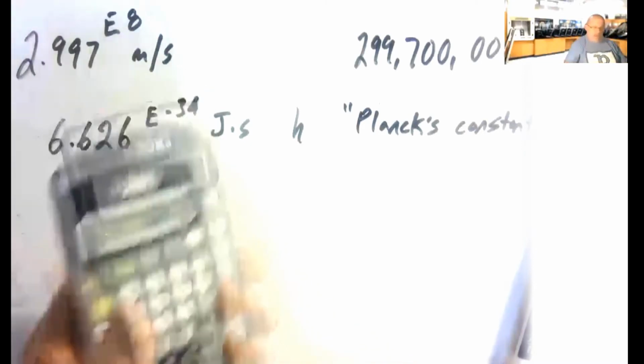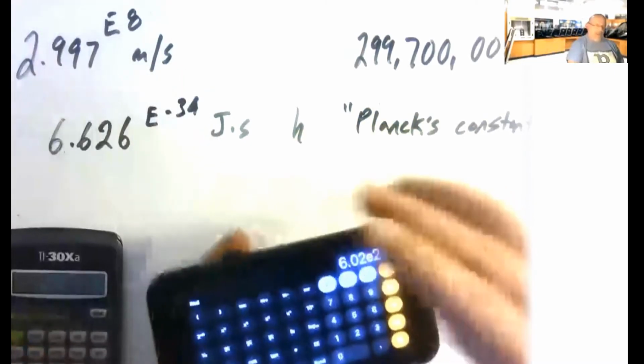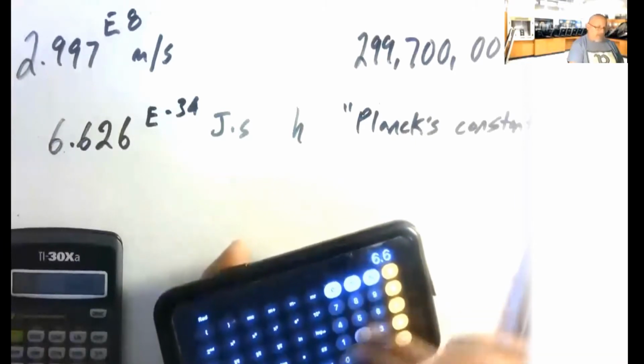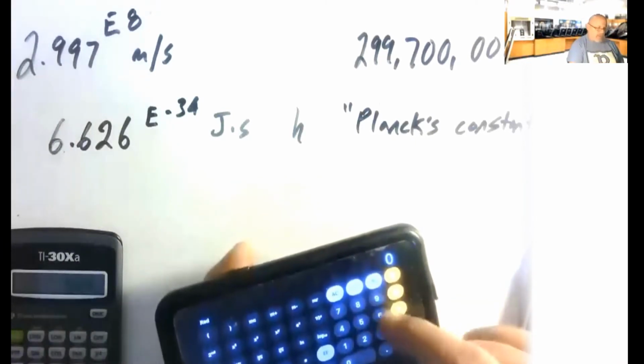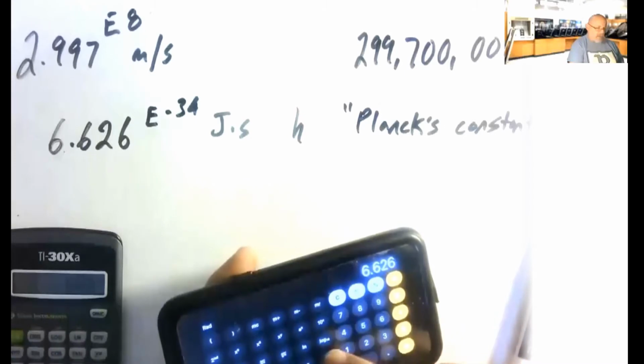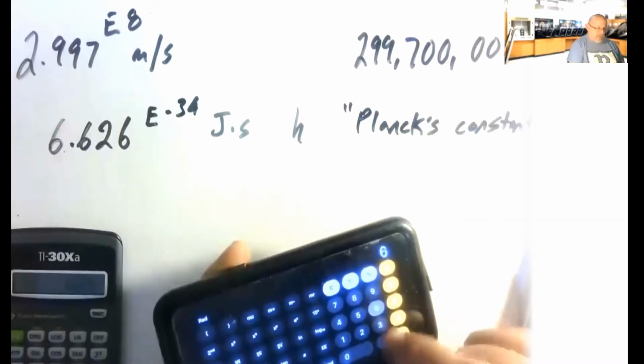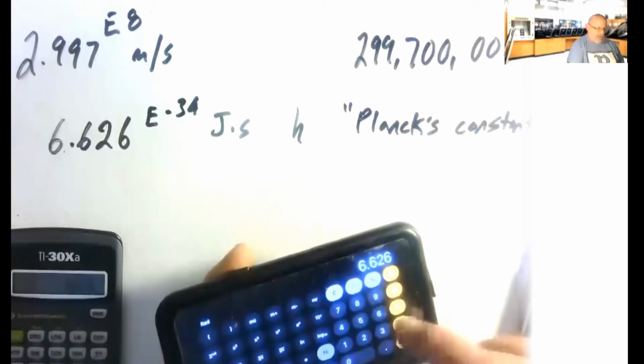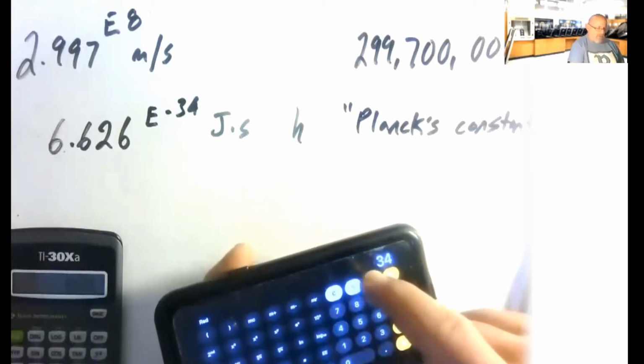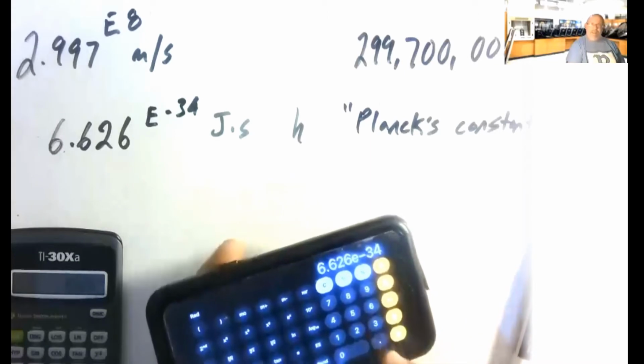And now that number is in there. Let's do the same thing with our calculator app. 6.626 E, oops, we missed a digit. 6.626 E, that's the danger, 6.626 E, 34, flip the sign, and there it is.